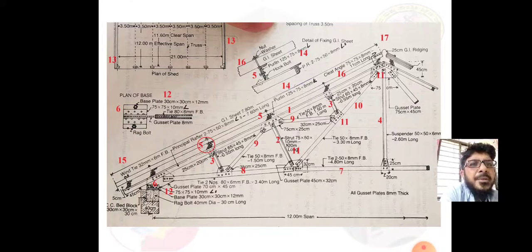Here numbering is done from 1 to 16. In the tabular column again numbering will be there. So number 1 means you have to refer to number 1 from this sketch. Okay, so we'll start.